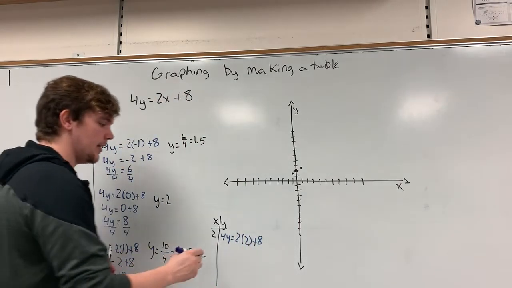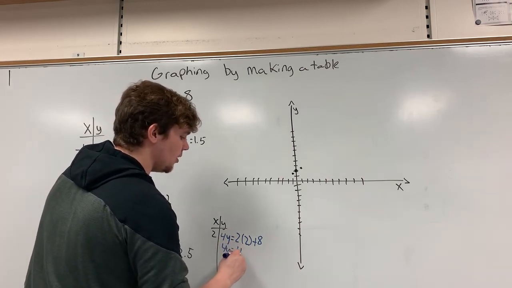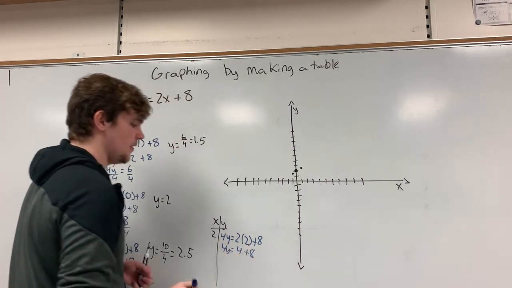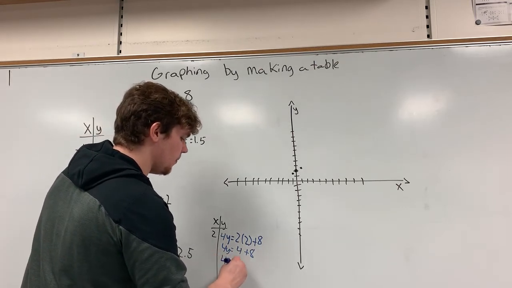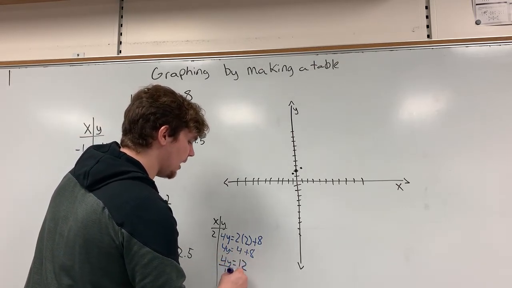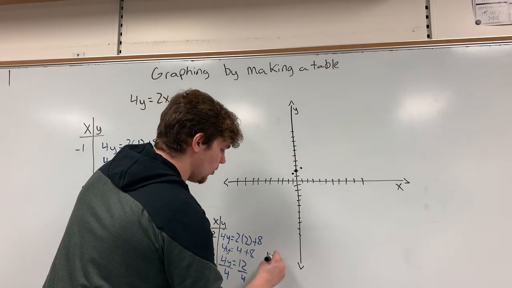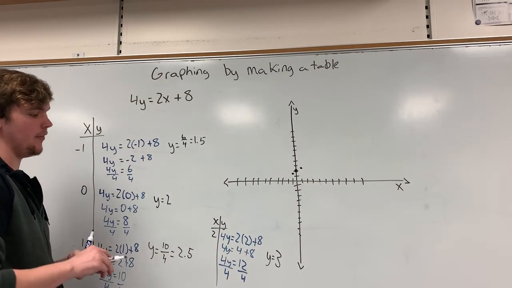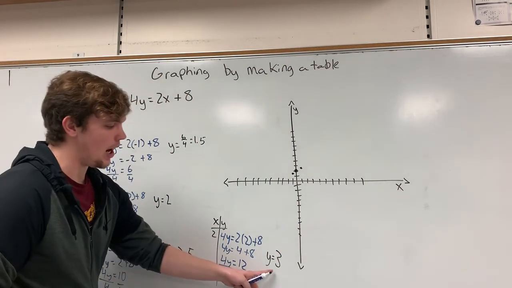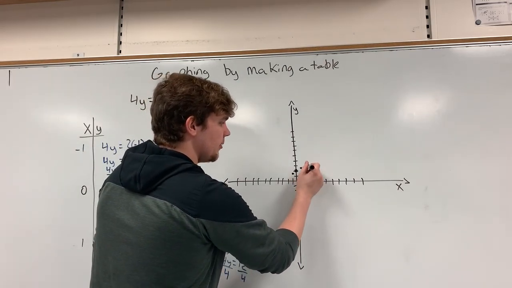Start simplifying. 4y equals 2 times 2 is 4 plus 8. Okay, and then 4 plus 8 is 12. So my last step is to divide both sides by 4, and I get y equals 3. Okay, so my last point I can graph is x is 2 and y is 3. So over 2 and up 3, right about there.